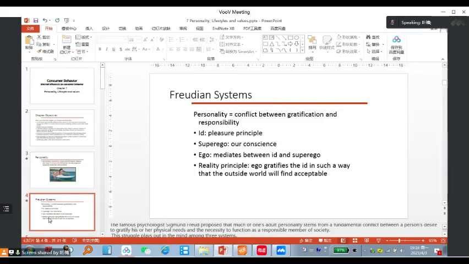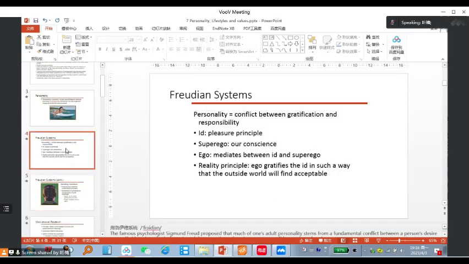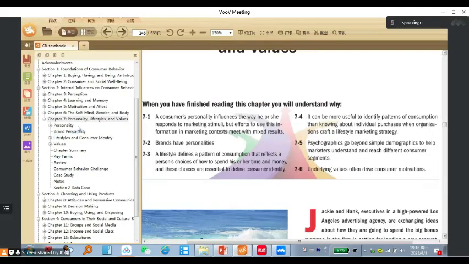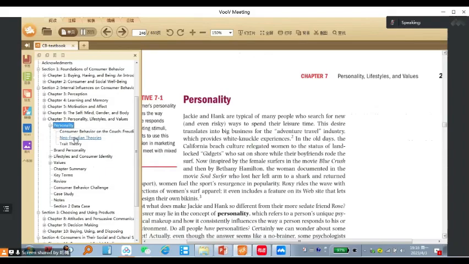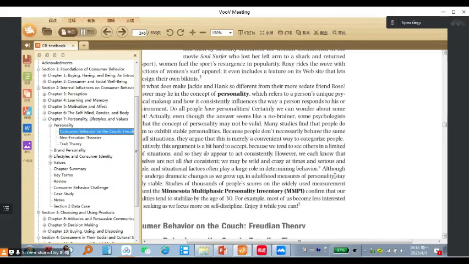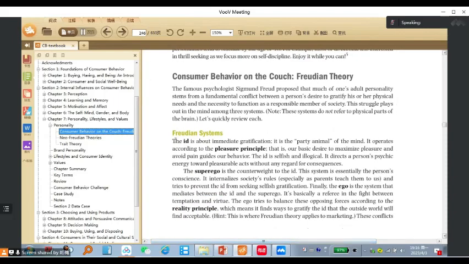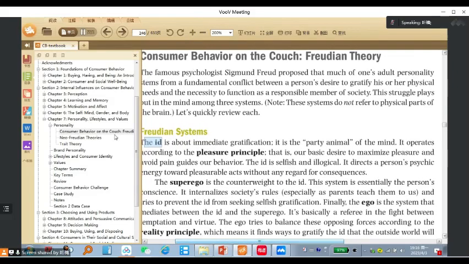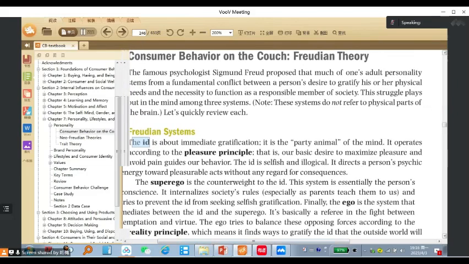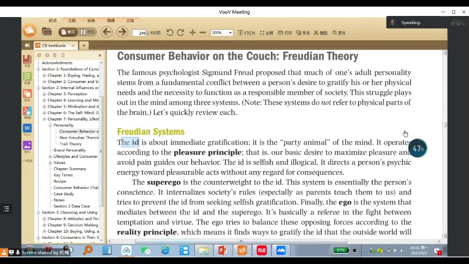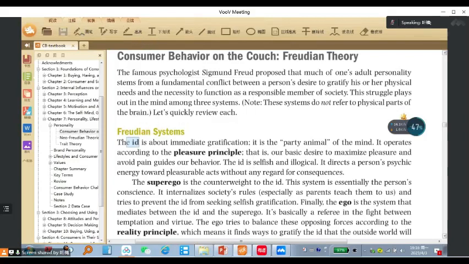So here, the id is about immediate gratification, and it is the party animal of the mind.